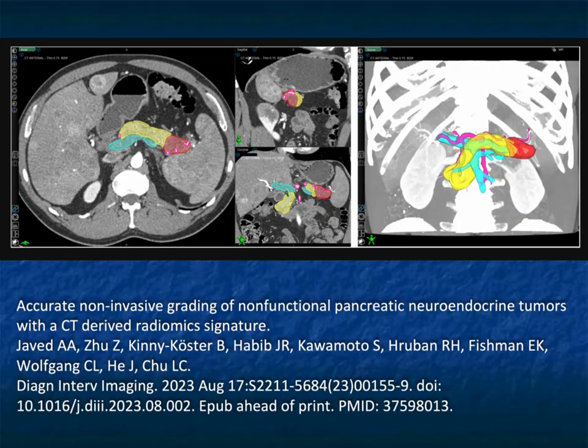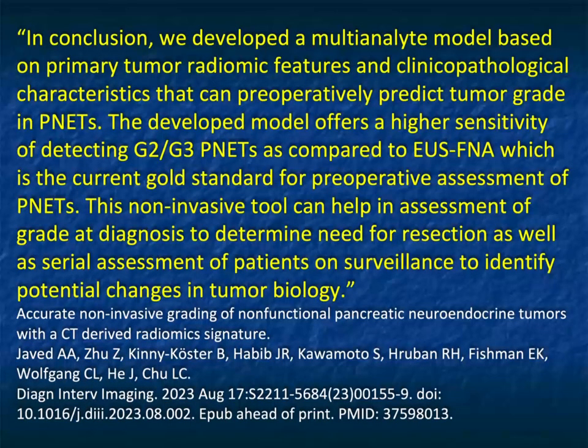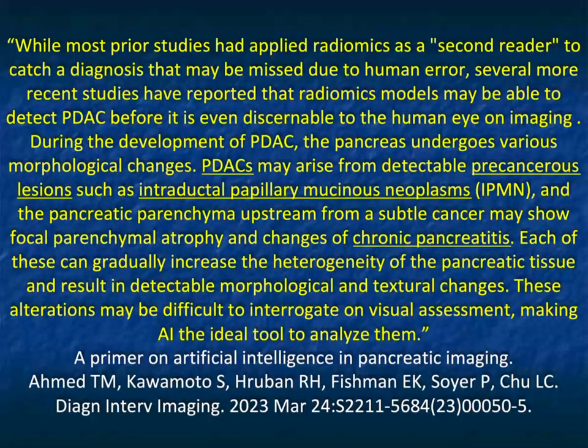And here's just a nice example showing you some of the automation on the computer programming in that case. In this article by Javid, again, talking about these radiomic signatures in neuroendocrine tumors, which is indeed very important.